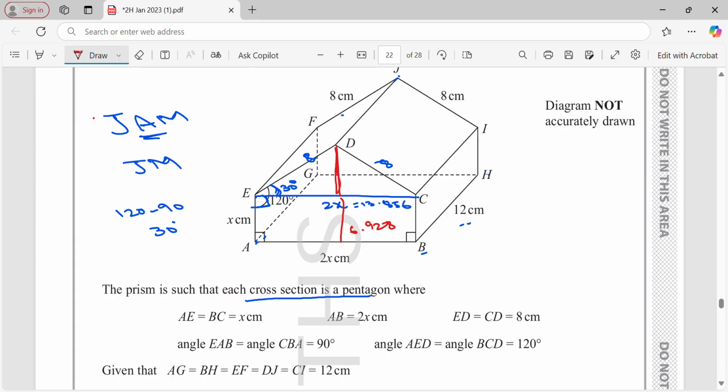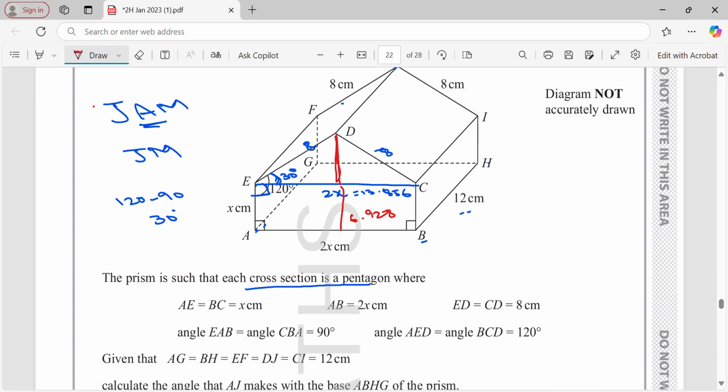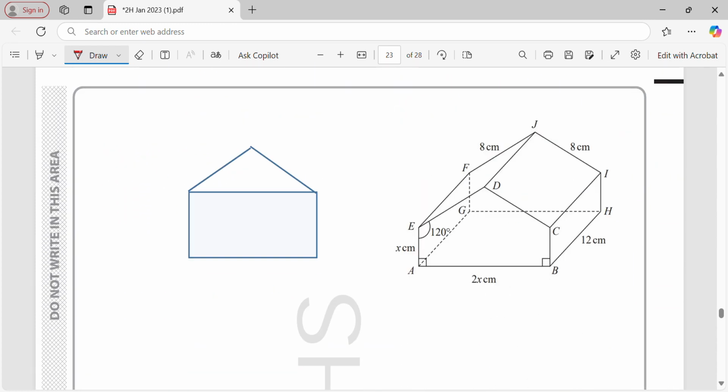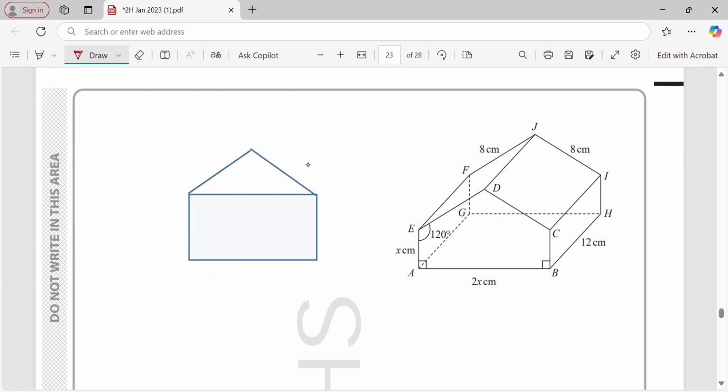For that I know this is 8, this is 30 degrees. I don't know how much this is, and if I draw a perpendicular line, this makes a 90 degree angle here. Let's have a look again. This length is 30 and this side is 8.